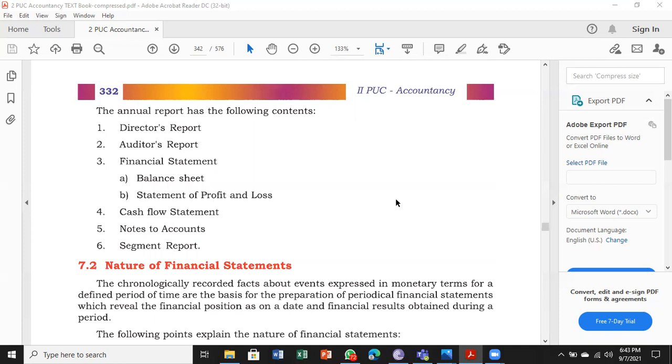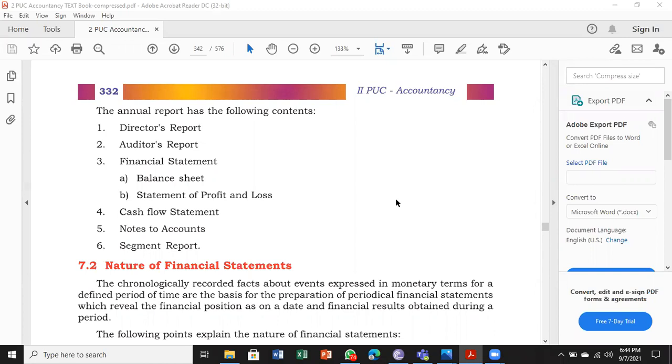So like this, there is several information included in the annual reports of a company. It may be the director's report, maybe the CEO report. The topmost officials will talk about it. You find in the newspapers, if you read quite regularly, companies will give their reports, what happened in the last year and what is their plan of action for the next coming accounting year. But this is all for knowledge purposes.